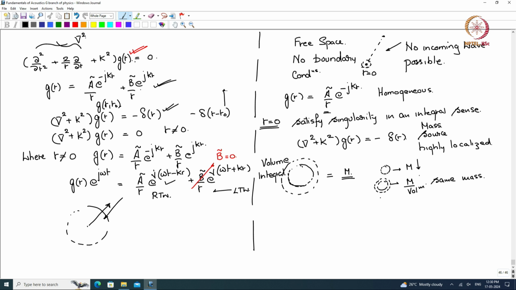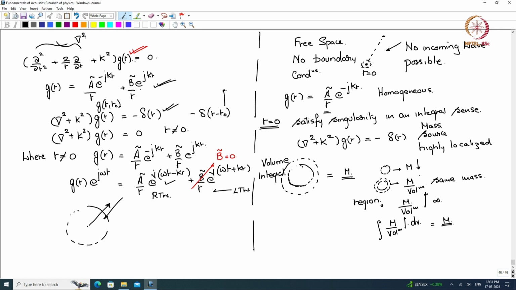Okay. Now in the limit, if I take this to a smaller region where the mass is being injected, but I keep the mass constant, then the mass per unit volume will go to infinity, or the mass density will go to infinity. Such that when I integrate this over the small volume, M by volume which has gone to a very high value, I still manage to get the same mass.